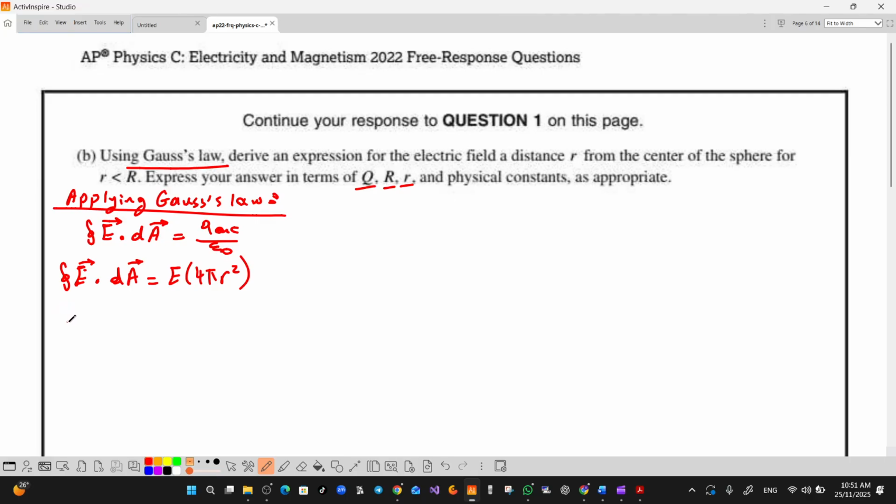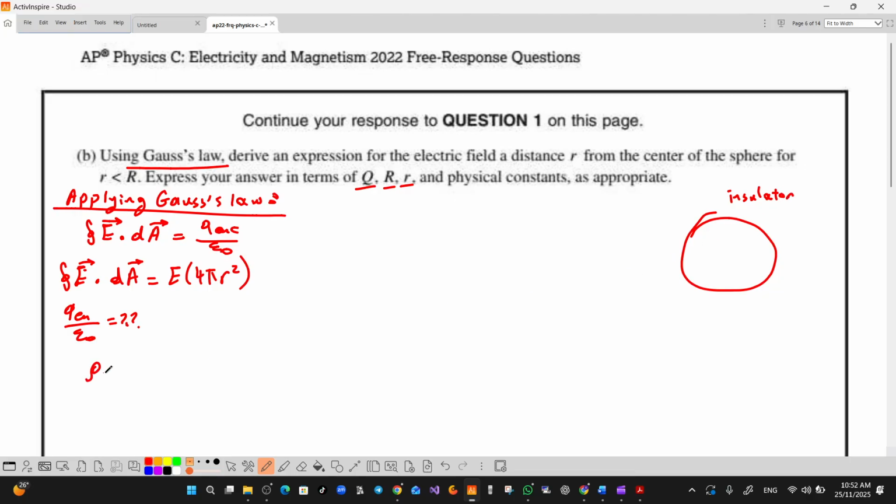What about the right-hand side? For the right-hand side, we have Q enclosed over epsilon zero. So we need to re-express Q enclosed according to the sphere that we choose. Now, the sphere is the insulator sphere.